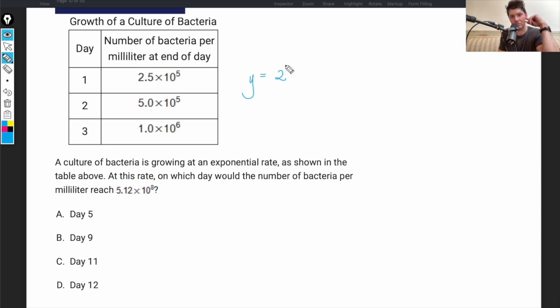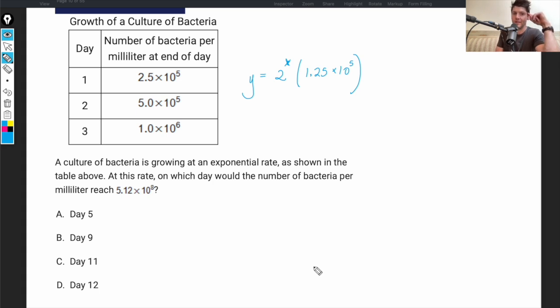So I guess when this is 1, we know that should be 2 times something equals this amount, right? To solve for that equation, you just do half of that, 1.25 times 10 to the 5th. And then this becomes an exponent, x, or t, right?